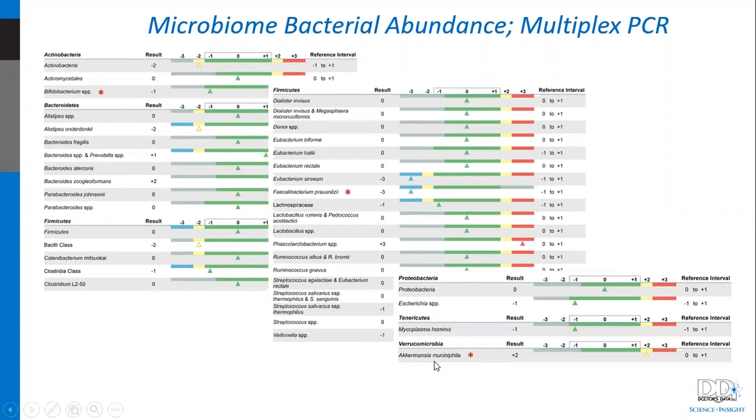So while Akkermansia muciniphila is a superhero with respect to being anti-inflammatory, if we have excess abundance of Akkermansia colonization, we can actually start to break down that crucial mucus barrier via the mucolytic capacity.